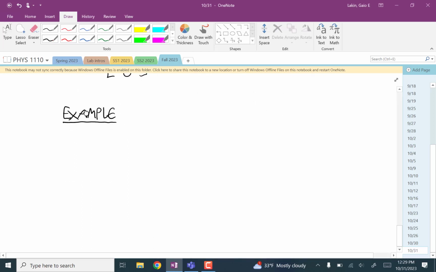Okay. So the next one, let's say that we have a ramp that makes an angle of 20 degrees with the horizontal. And you have a 2 kilogram mass that's initially moving up the ramp.